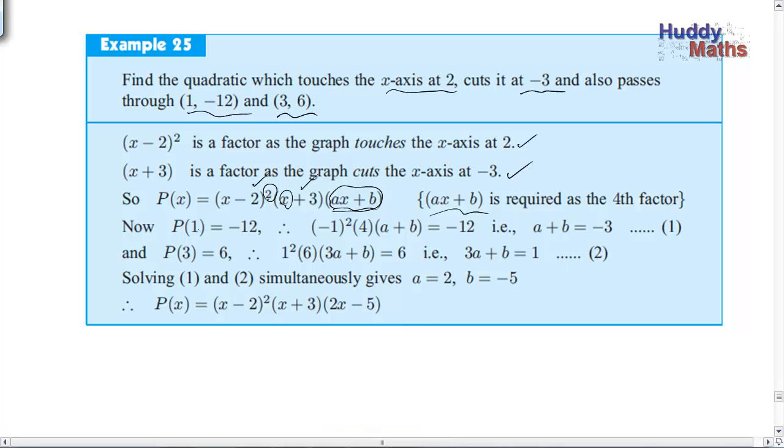And so subbing in 1, you have to equate it to -12. So subbing in 1 into all these positions, getting -12, we've got one equation in two unknowns. That's why we need this other piece of given information. Subbing x is 3 in and putting equal to 6, we'll get another equation and we can solve. So it was pretty predictable when we got to here that we did need the 2 points from up here.